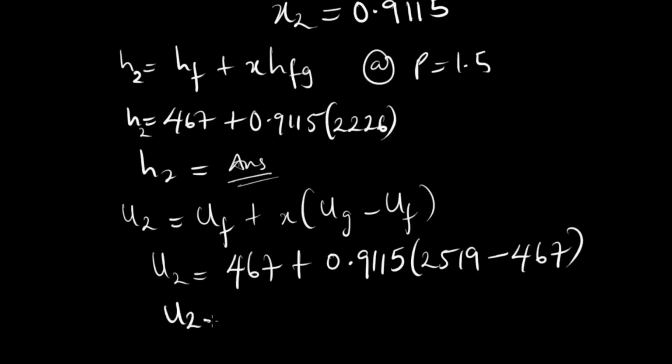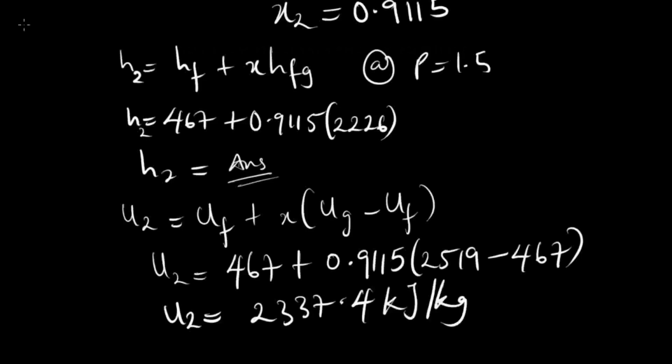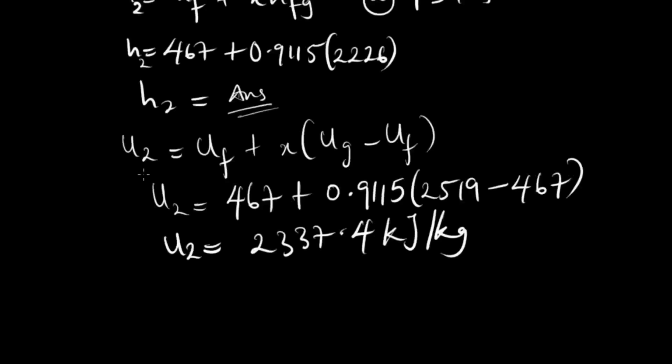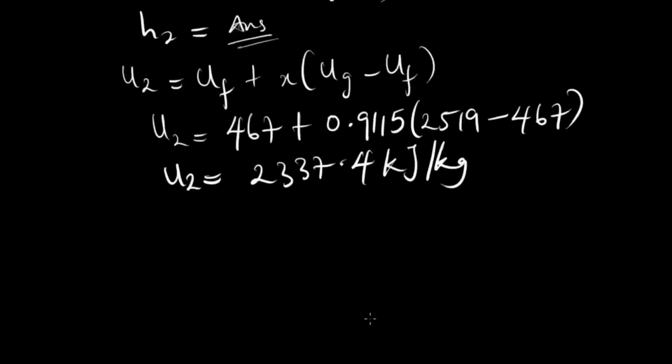So finally U2 is 2333.74 kilojoules per kilogram. Now we have found our internal energy.